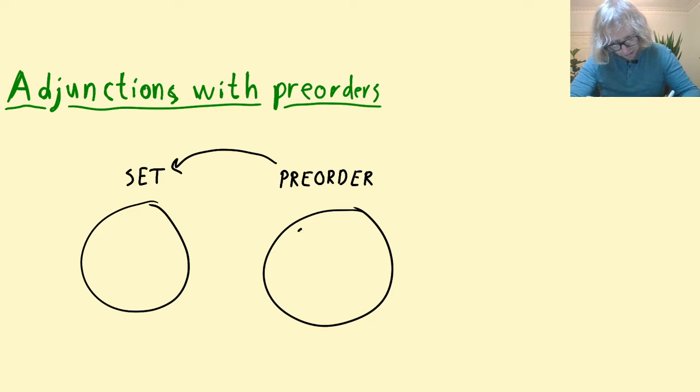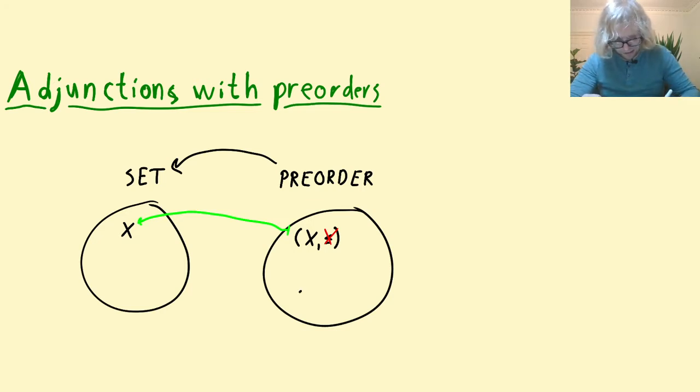If I have a preorder, remember a preorder is a set together with an order relation, which is reflexive and transitive. Then I can just forget about the fact that I had an order, and that gives me a set. So I could just map this to the underlying set of the thing.